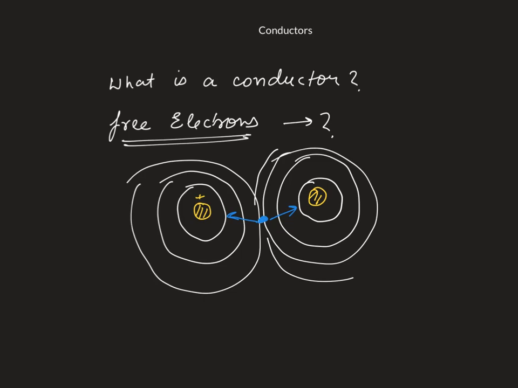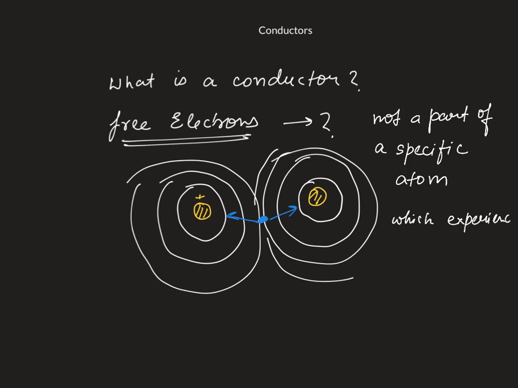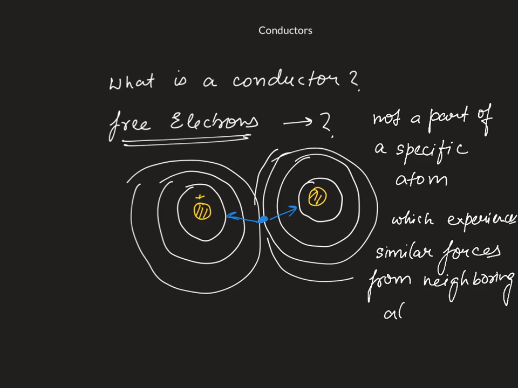So such an electron which is not a part of a specific atom, or in other words, which experiences similar forces from neighboring atoms, is a free electron. So this is a free electron, this is a free electron here.